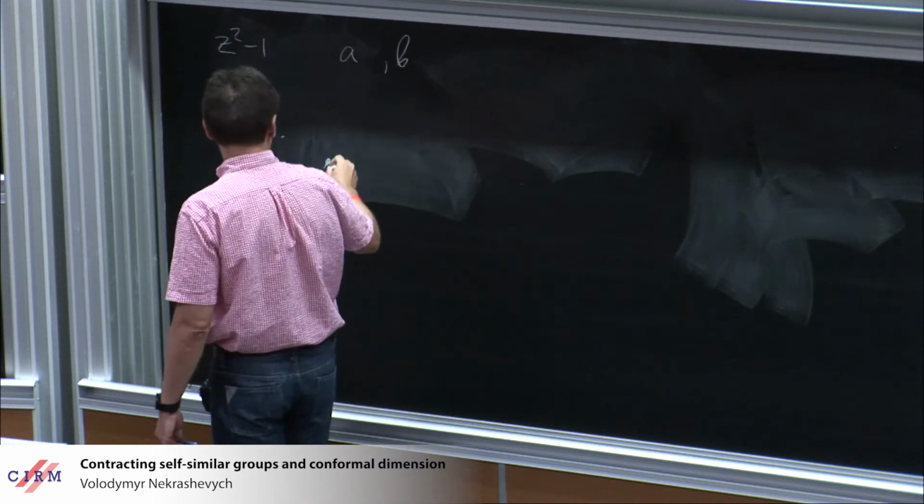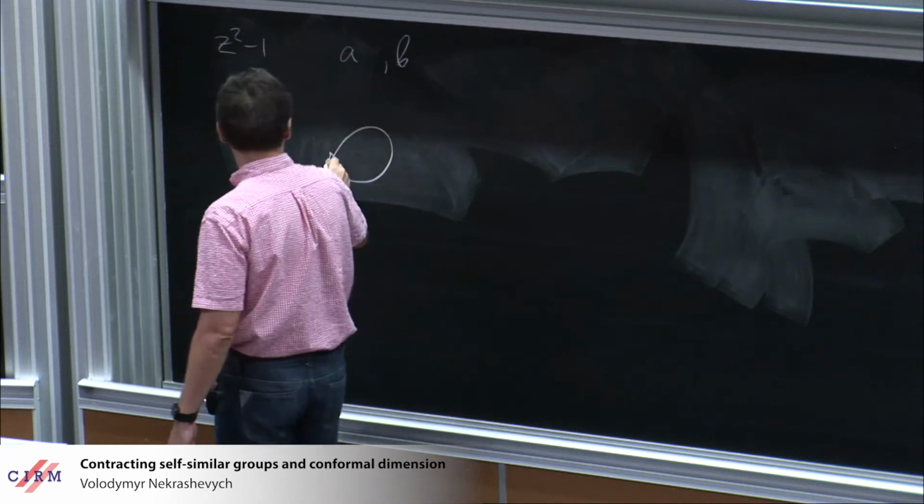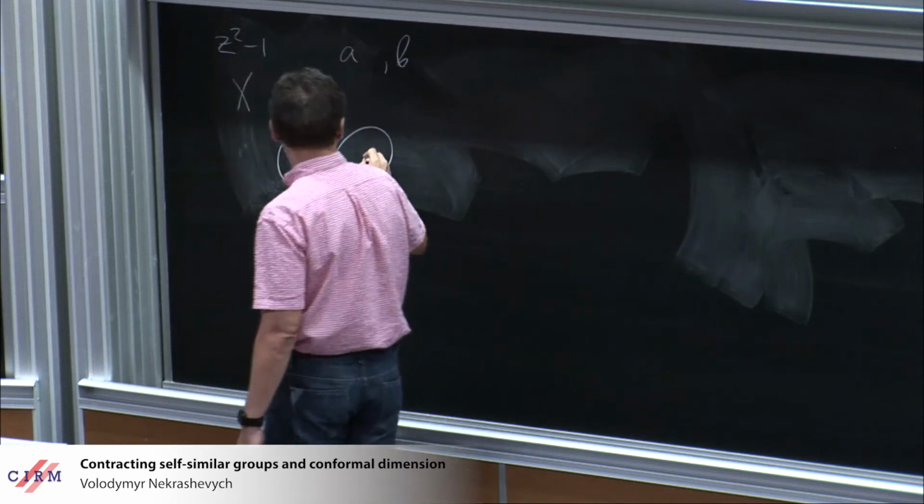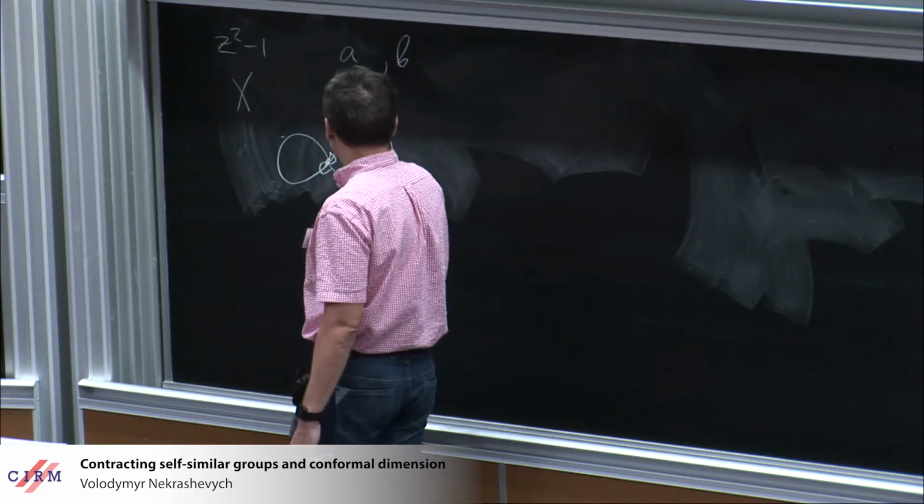So these elements A and B will be defined by loops going around the two postcritical points, 0 and -1.